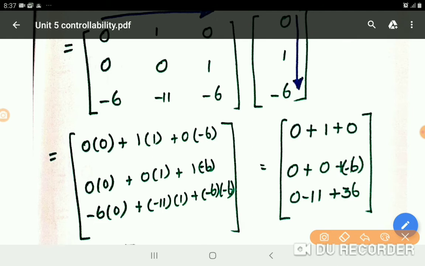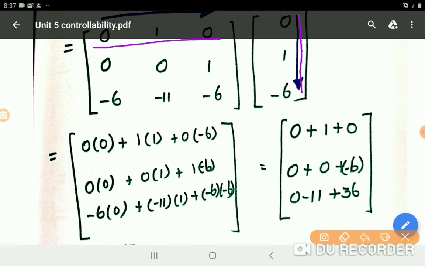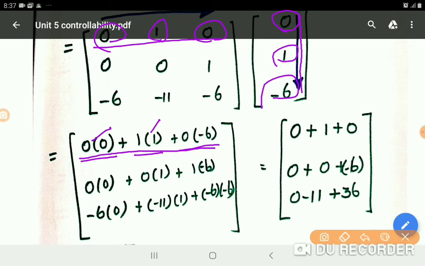Now let us take the first row and the column. So 0 into 0, 1 into 1, 0 into minus 6. So here we get 0, 1, 0.